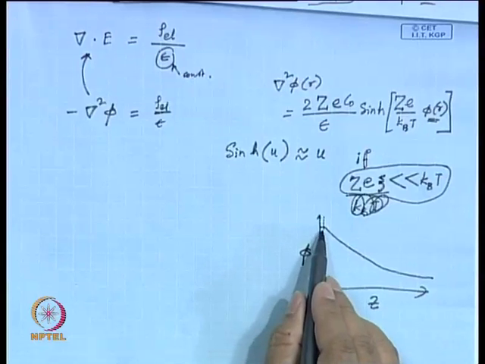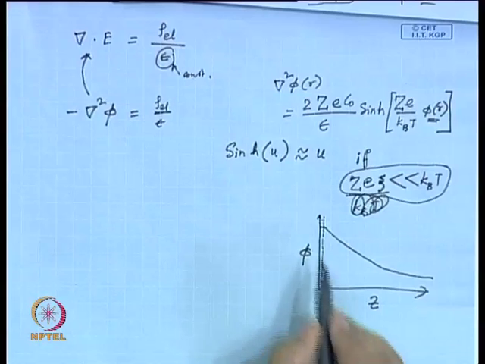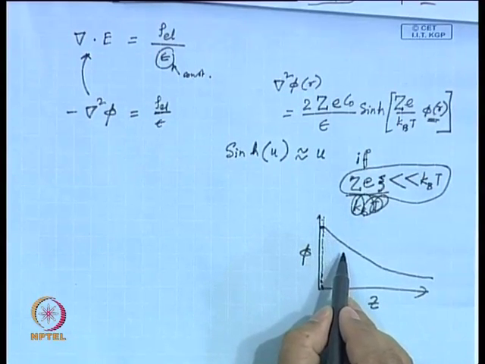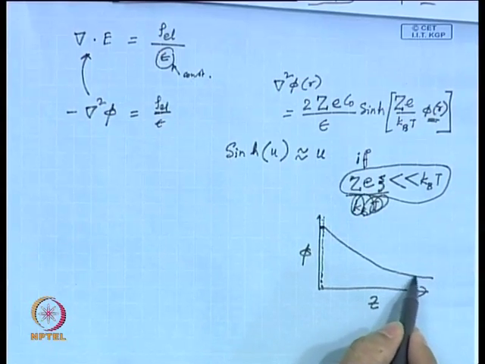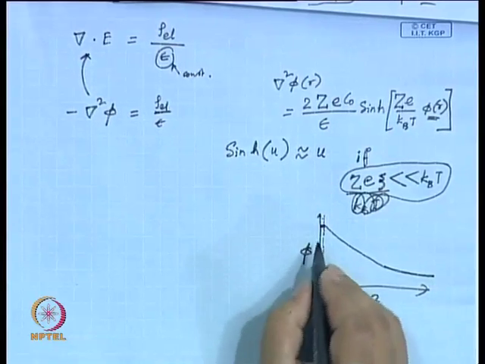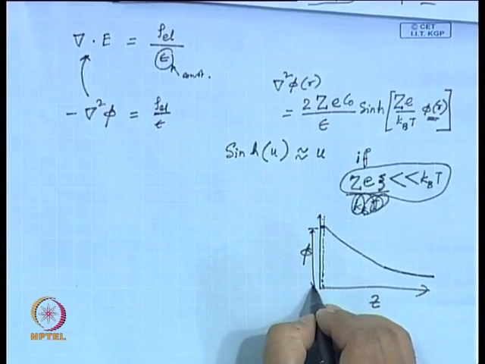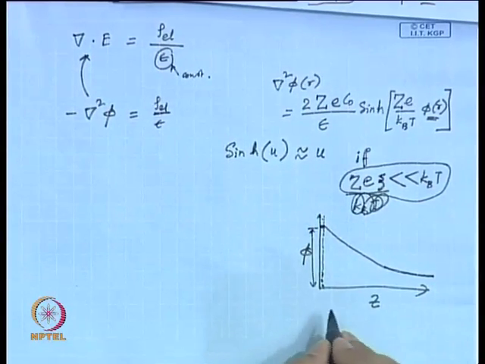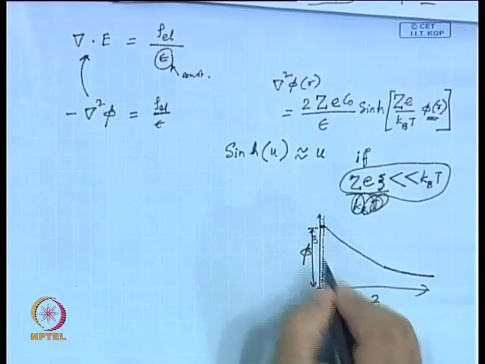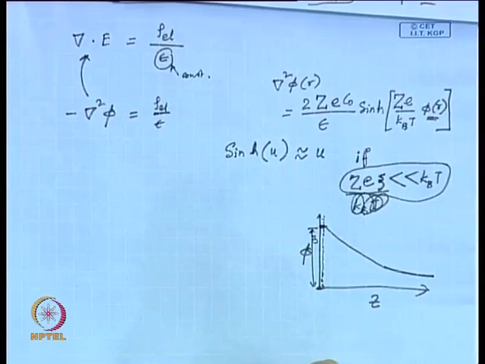This is actually that Stern layer that we had. Okay. And then we see that phi is decreasing like this, and at z equal to infinity, this will go down to 0. This particular value of phi is referred to as zeta. So phi drops like this. I have not come up with an expression for phi yet.